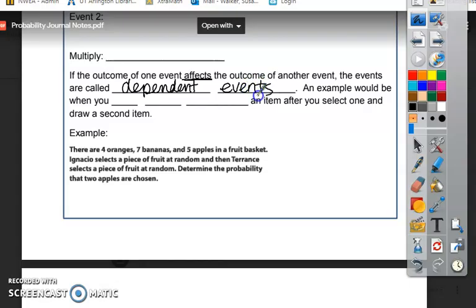Somehow it's changing the total. An example would be when you do not replace, or if you take 2 at the same time. So it affects the total on the second draw.